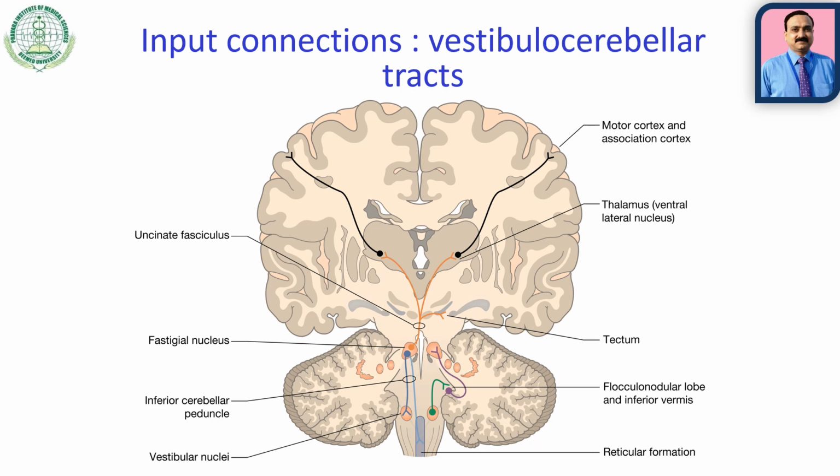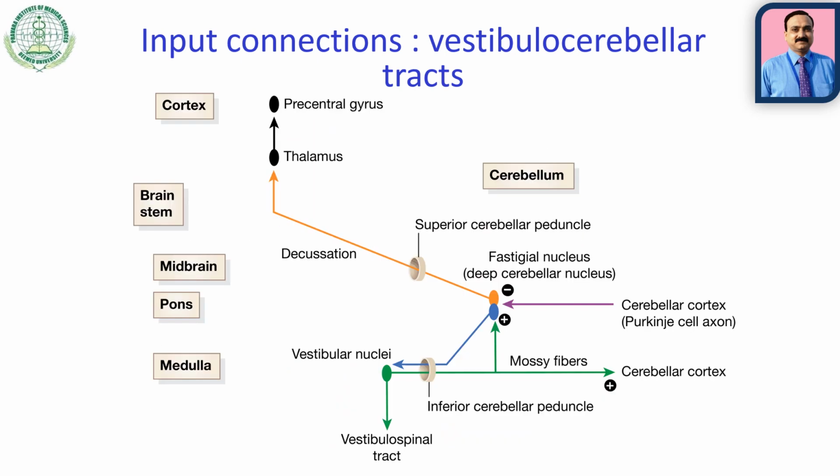Now here another one is reticular formation. From reticular formation, the fibers are going to the nucleus fastigii.